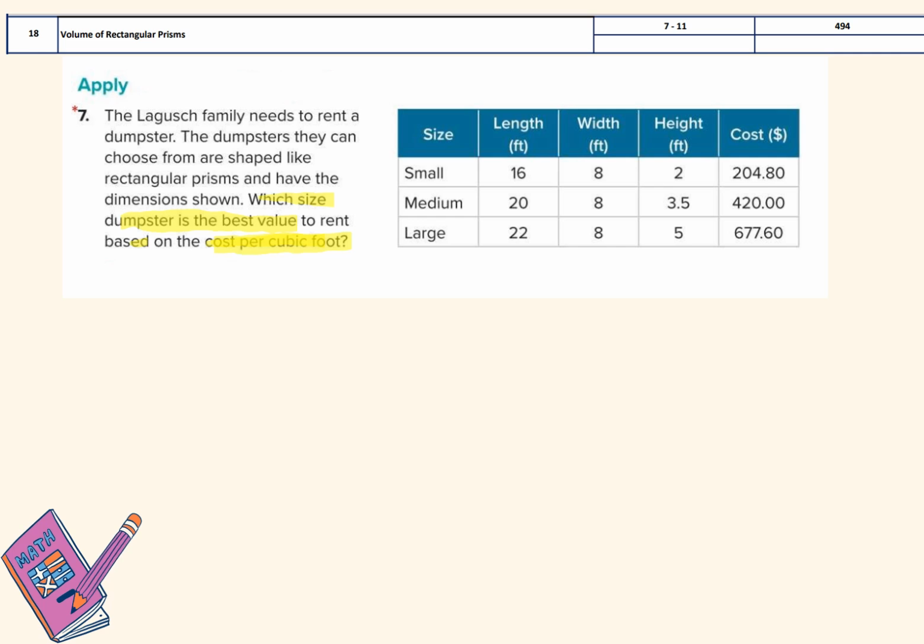So first step, I'll be finding the volume of each size. First, the volume of the small size, and then the volume of the medium size, and then the volume of the large size. And we already know the formula used to find the volume of a rectangular prism. The formula is going to be length times width times height.